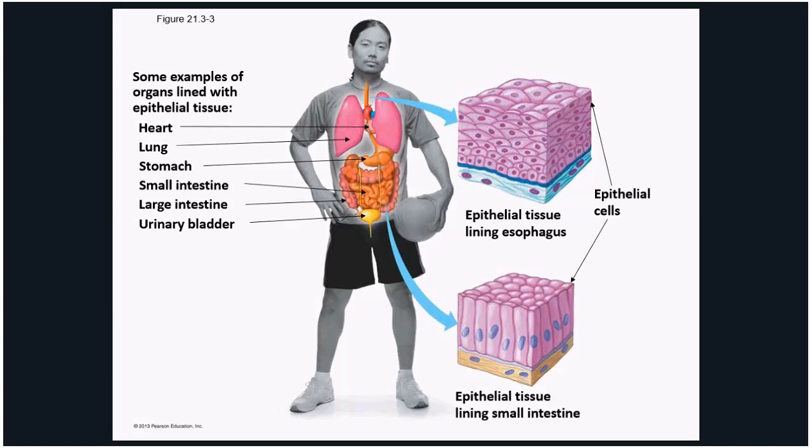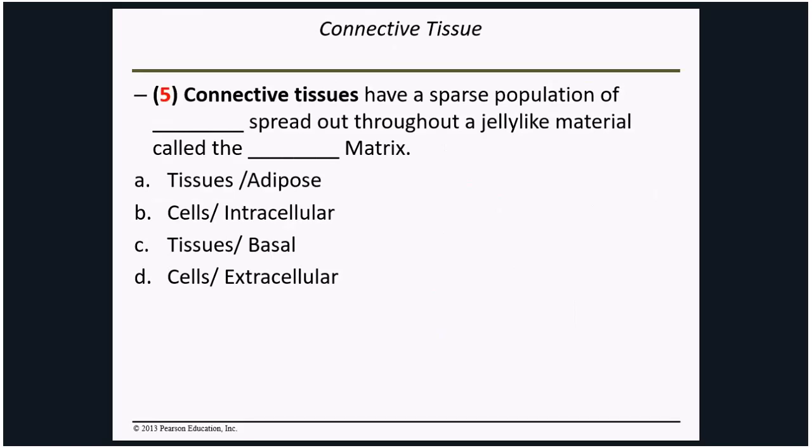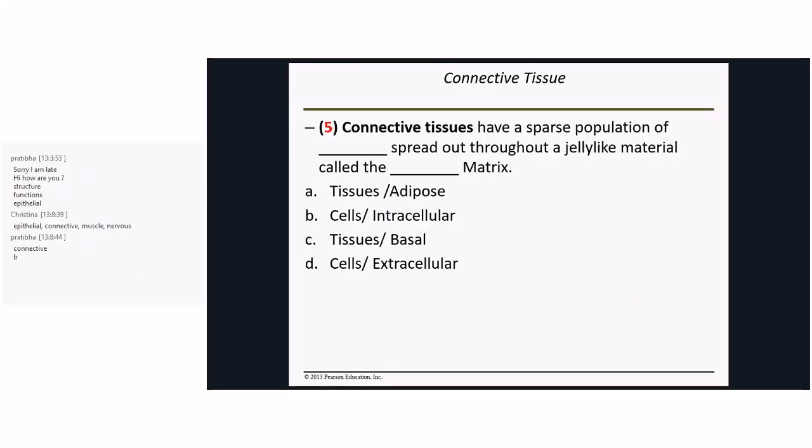The next kind of tissue that you mentioned was connective tissue. So this is giving you the definition of connective tissue. Connective tissue has a sparse population of blank spread out throughout a jelly-like material called the blank matrix. It's D, that's right.